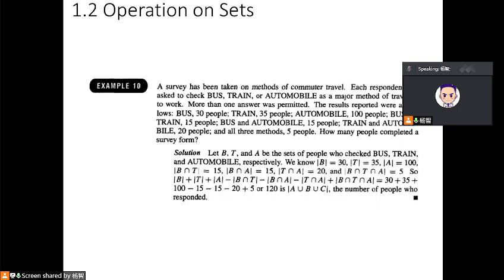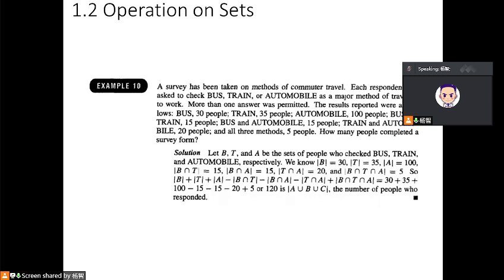Okay, a survey has been taken on methods of commuter travel. Each respondent was asked to check bus, train, and automobile as a major method of traveling to work. More than one answer was permitted.